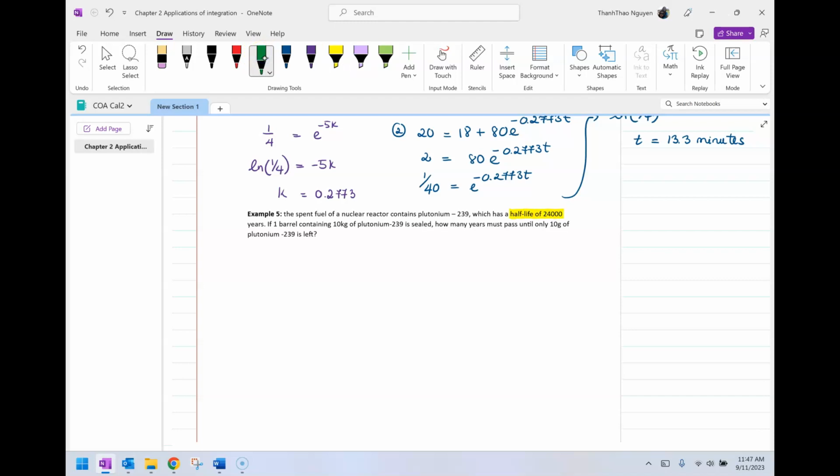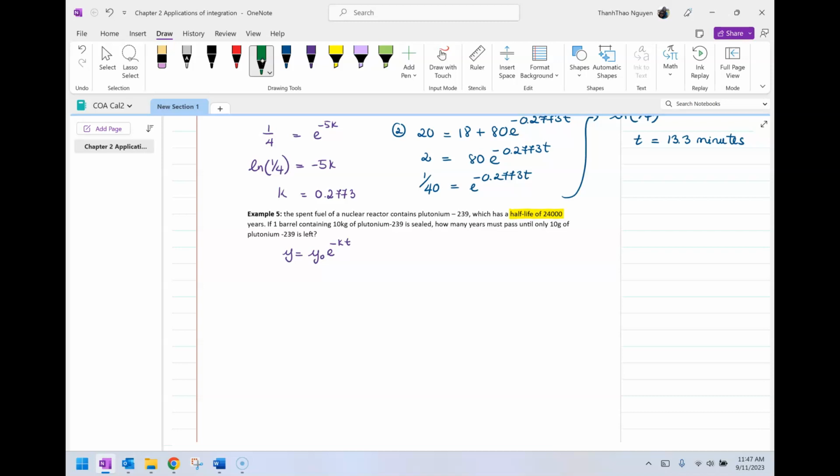Okay, so let's start with our formula. We know that we start out with y equal to y naught times e to the negative kt. And we know that a half-life of 24,000 years would mean that in 24,000 years, there's only half of the original amount of plutonium left.